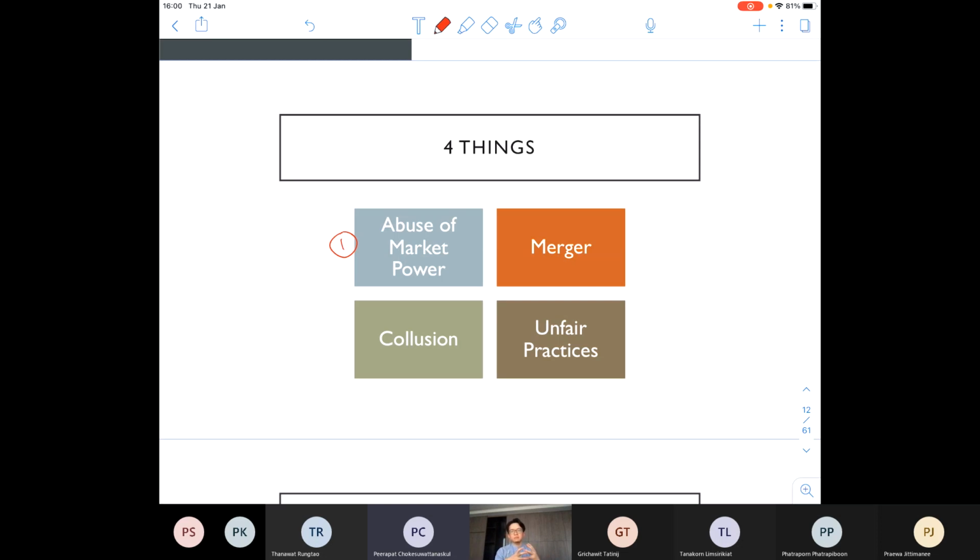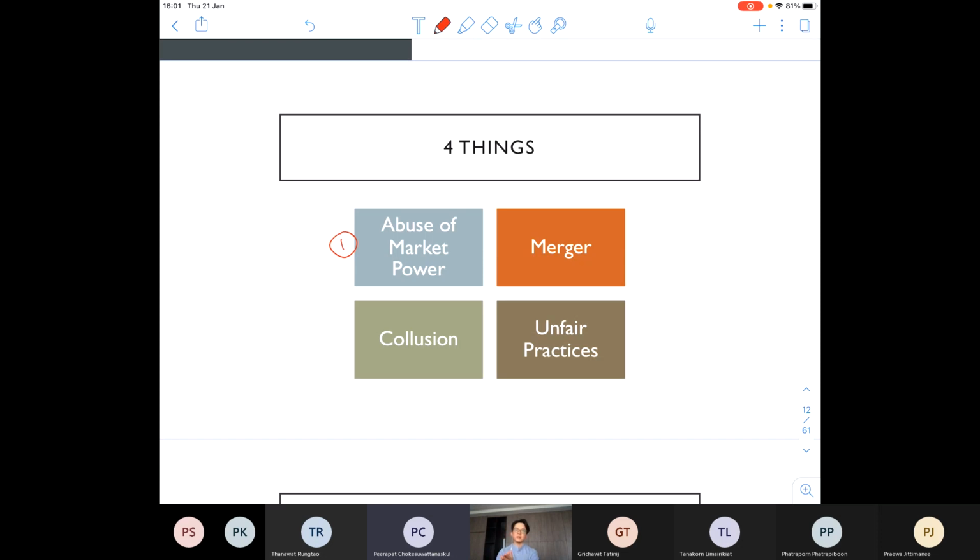When you merge, it is natural that you have fewer players and a bigger player in the market, and that could cause a problem. With mergers and acquisitions, you have fewer players and a player that is getting more influential, with more market power, who potentially would conduct badly. So in that case, you would keep an eye on it as well.